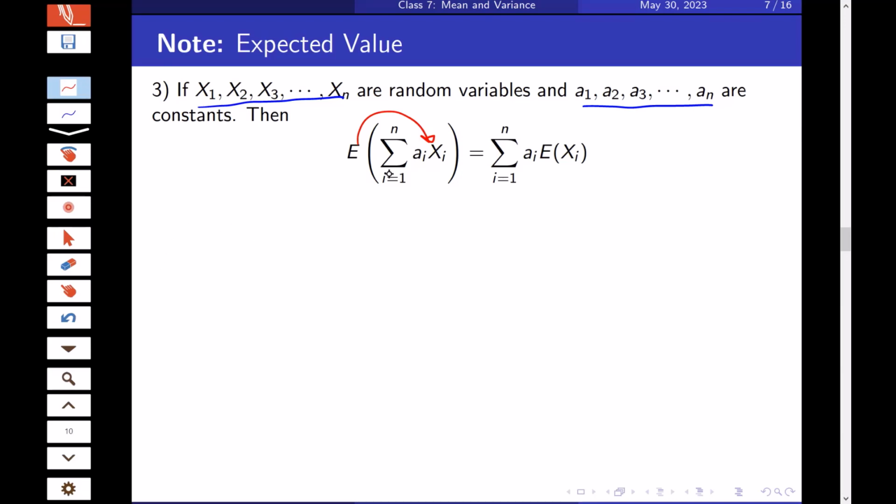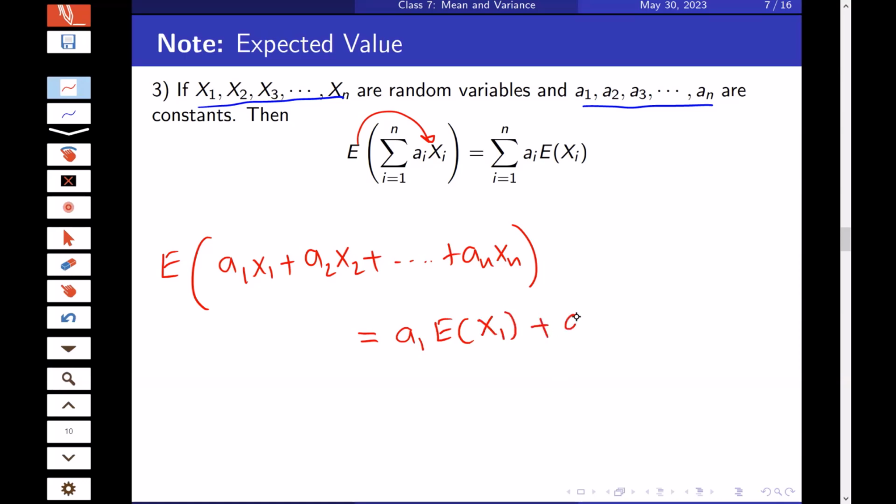If I expand this, it says a1 X1 plus a2 X2 all the way to an Xn, its expectation is the same as a1 E(X1) plus a2 E(X2) all the way to an E(Xn). So that's what this means.